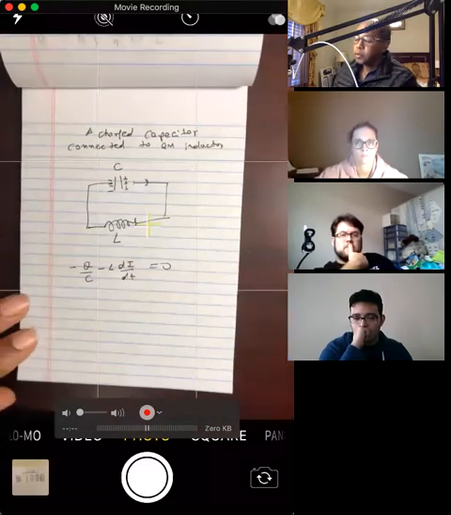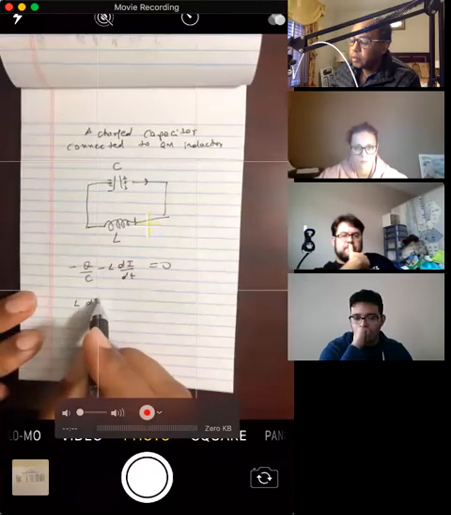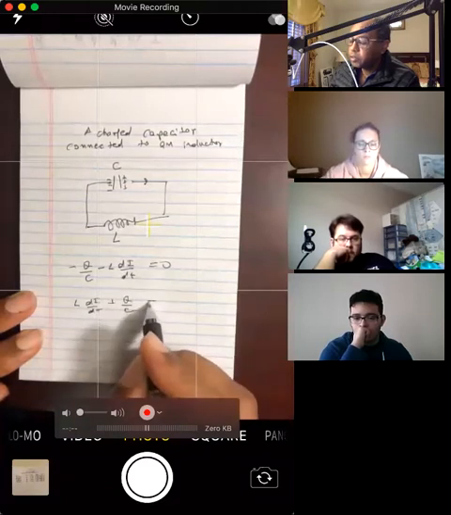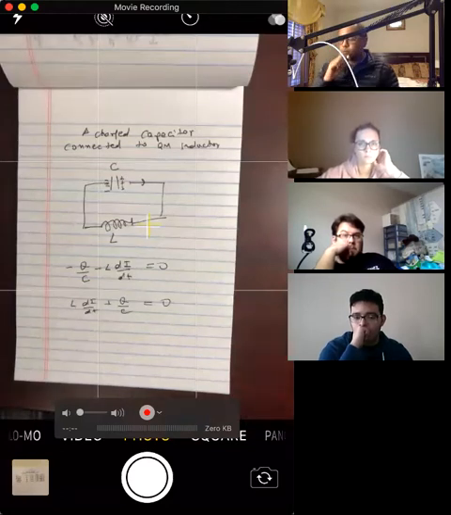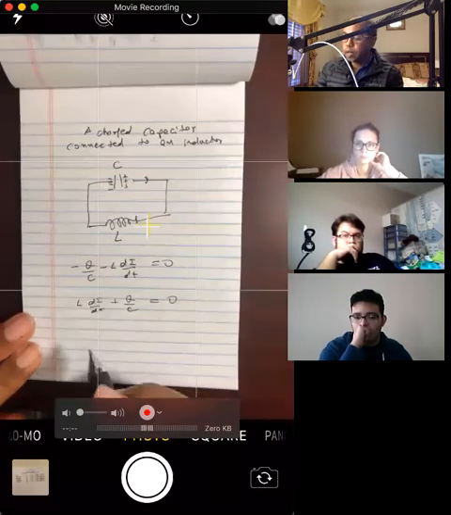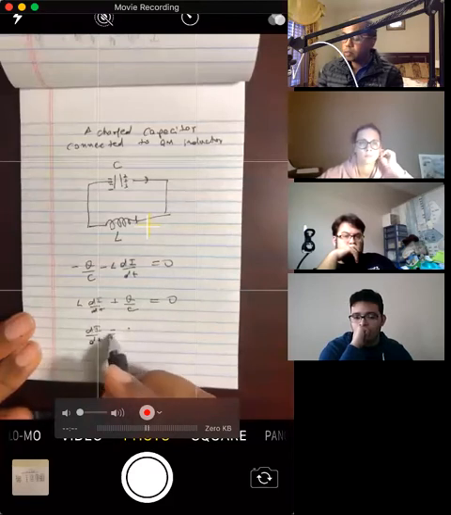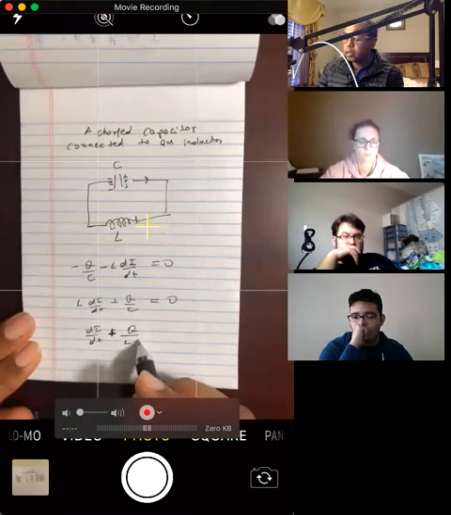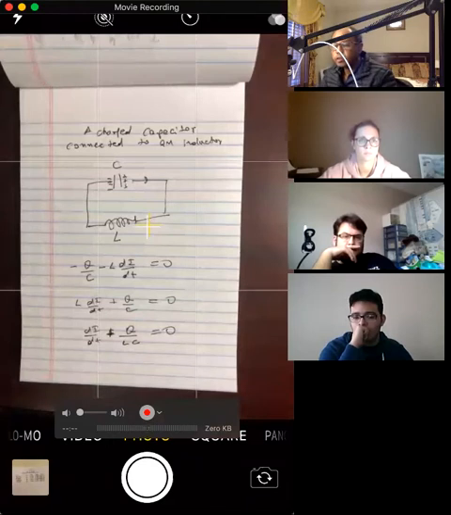The negative goes away, so we've got L di by dt plus Q over C equals 0. Dividing by L, this is our differential equation, di by dt plus Q over LC equals 0.